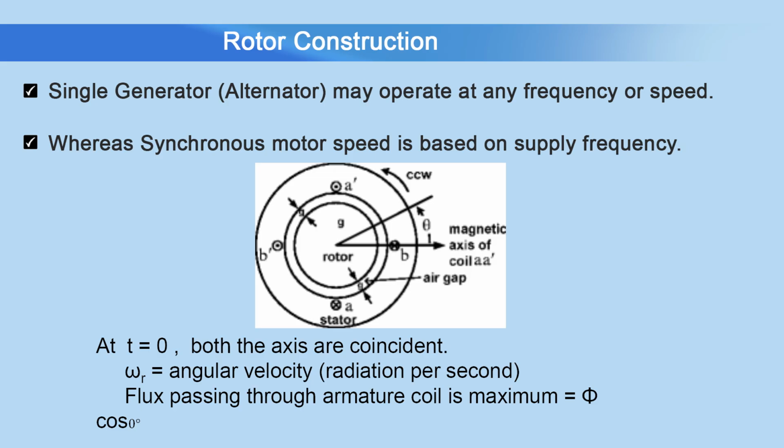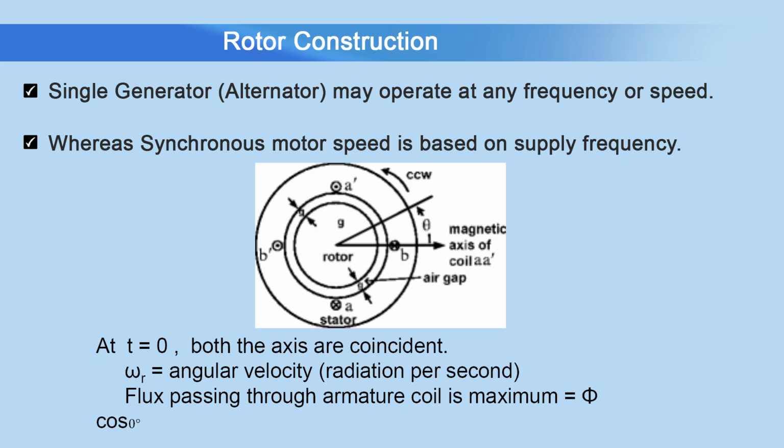Suppose at the time t equal to 0, what will happen? The axis of the field will be coincident with that stator field. So, both the fields are coincident at that instant, and all the flux is linking with the coil. The flux passing through that coil will be maximum at that instant. Maximum means it is equal to phi cosine 0.